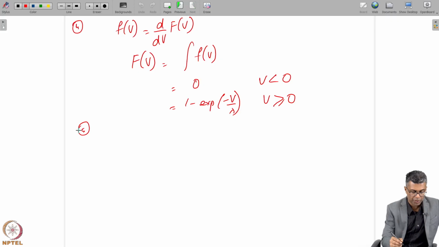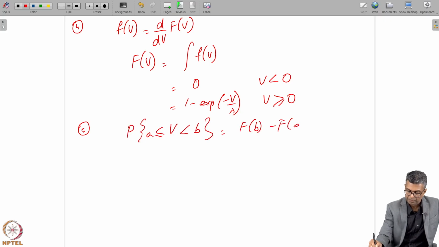So if you want to find out the probability, by definition the probability of v less than b and greater than or equal to a is essentially F of b minus F of a.